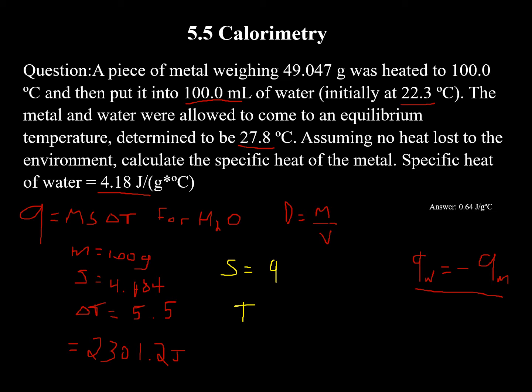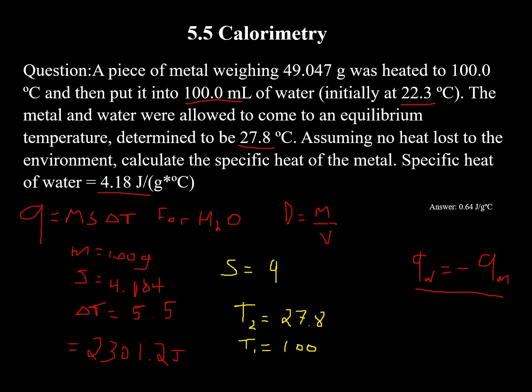T2 equals 27.8. And T1 is going to be 100 degrees. That's how hot the metal was at the beginning. So this will come out to a negative value as well.